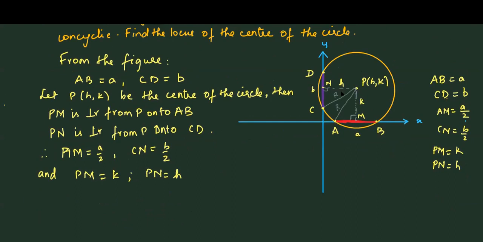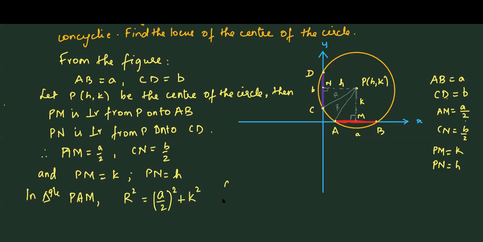I'll apply the Pythagorean theorem for this triangle and this one. In triangle PAM, we get R square, the hypotenuse, is equal to (a by 2) whole square plus k square.